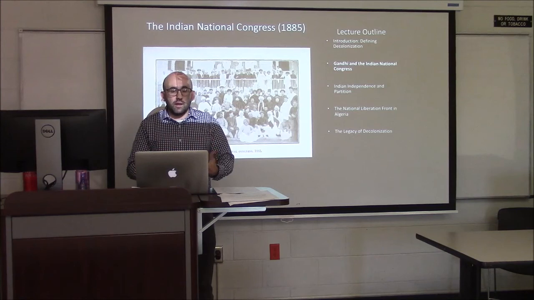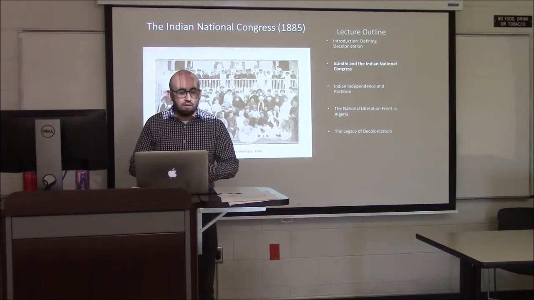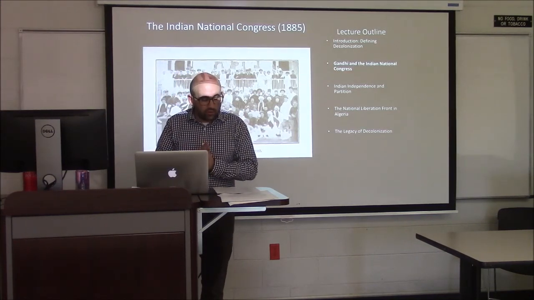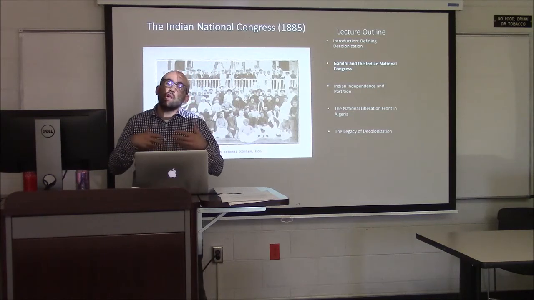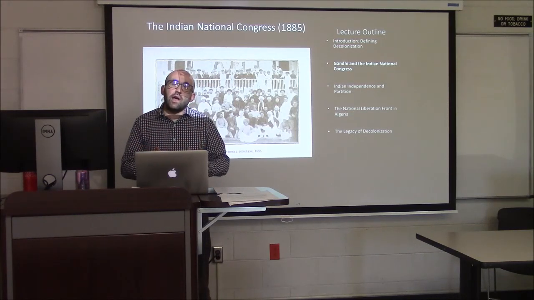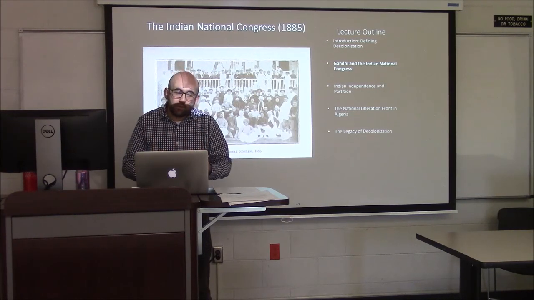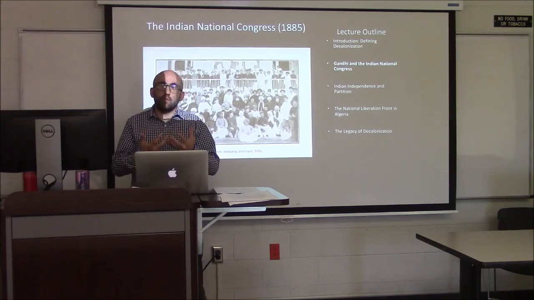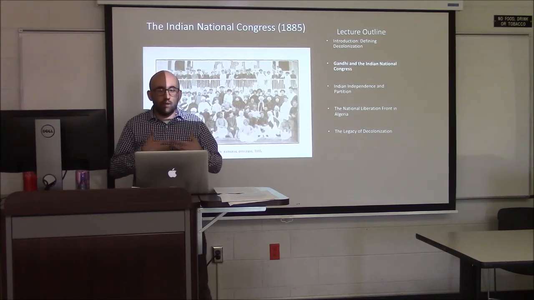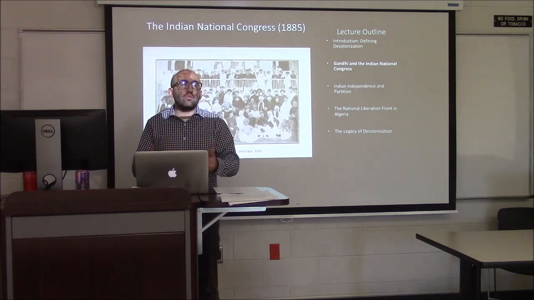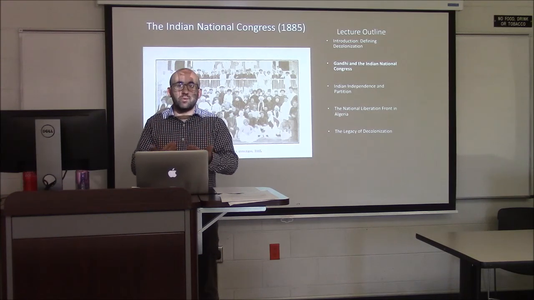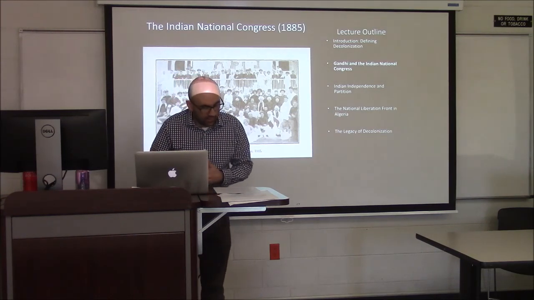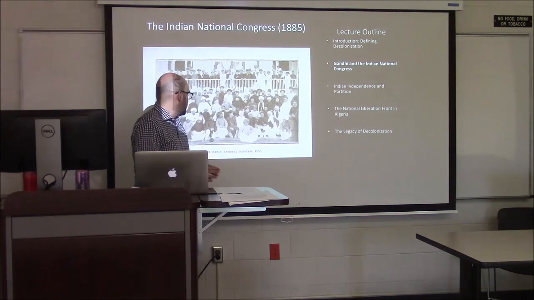The men who came, and it was men, who came together to form the Indian National Congress were essentially modernizers. They were, though largely British educated, desirous of using the law, using what they learned of modern politics to gradually encourage and force Britain to give India its independence as a modern nation state.